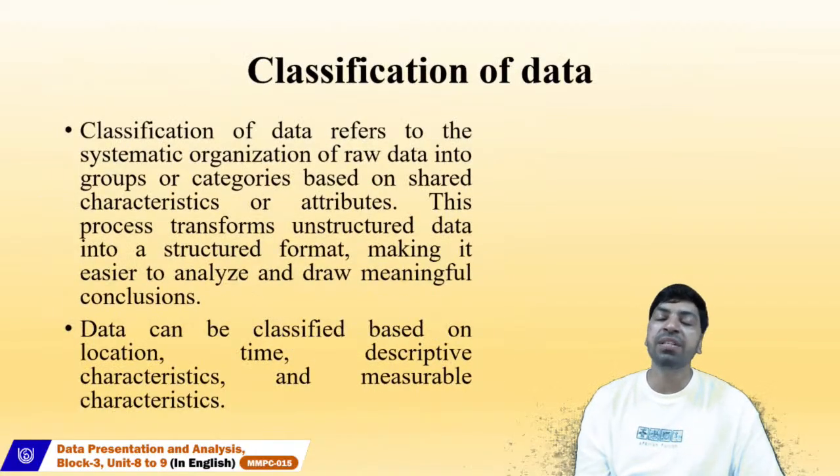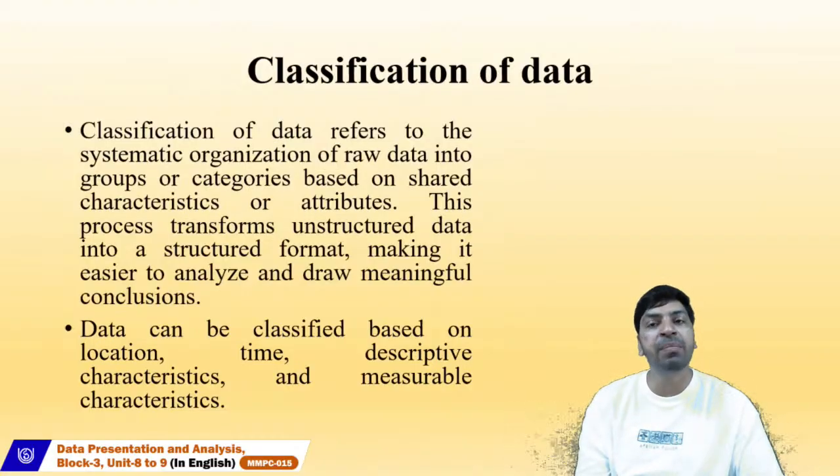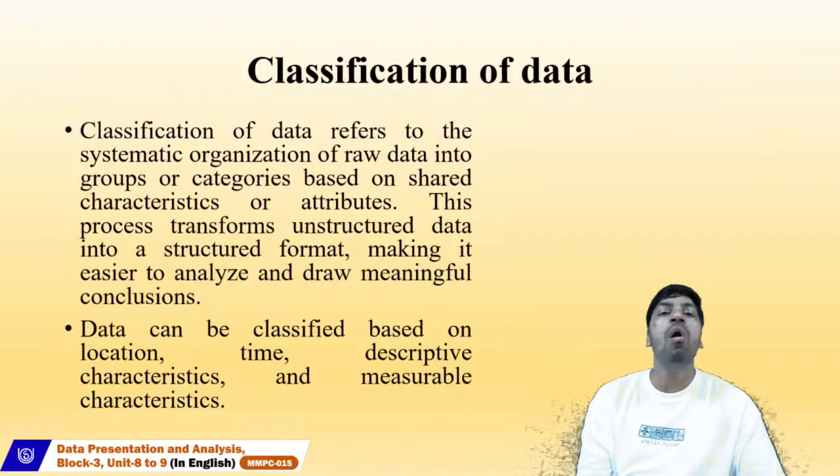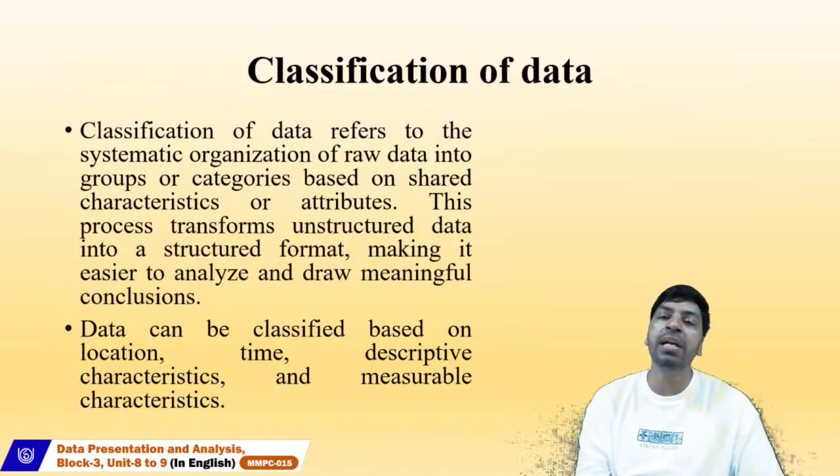Next one is the classification of data. The classification of data is a systematic organization of raw data into groups or categories based on shared characteristics or attributes. This process transforms unstructured data into a structured format, which makes it easier to analyze and draw meaningful conclusions.